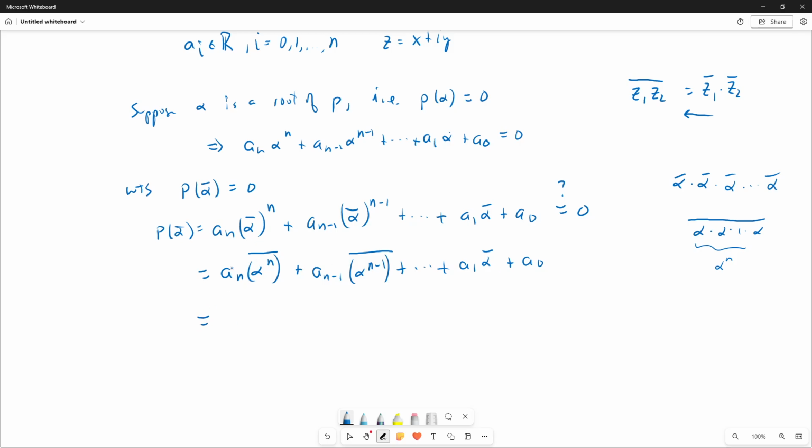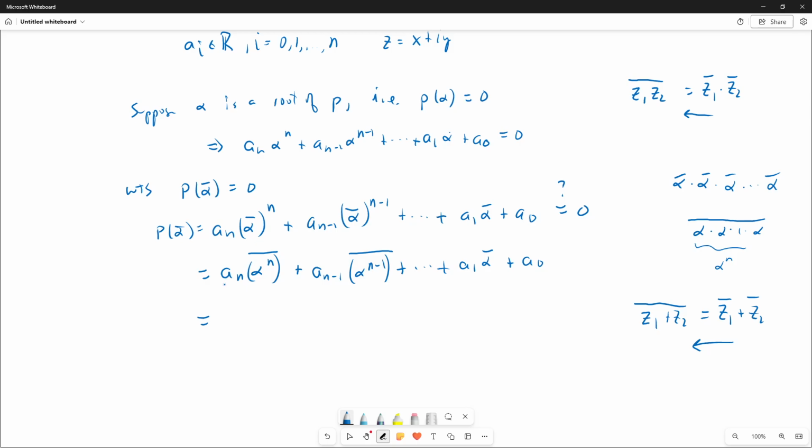Now we will use the conjugate of a sum as the sum of the conjugates. z1 plus z2 quantity bar is equal to z1 bar plus z2 bar. And we will again use this one from right to left, and with n plus 1 terms instead of just 2.